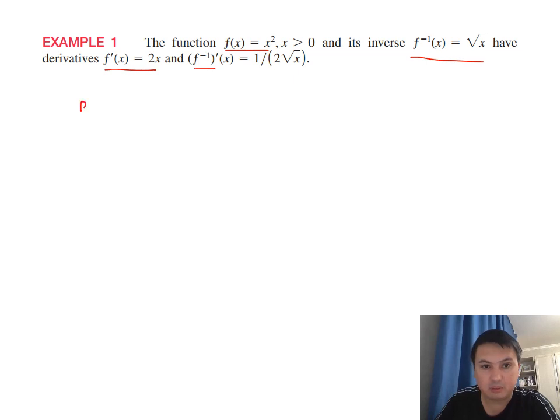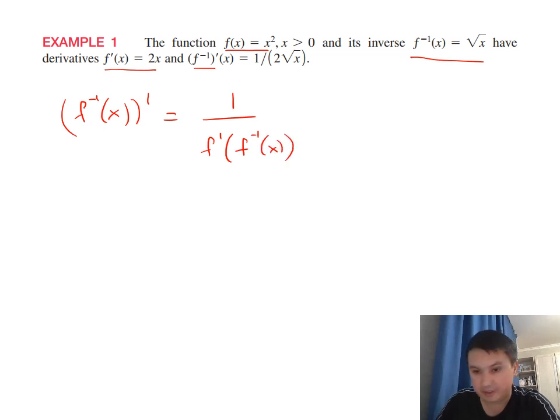Well, what was the formula? The derivative of the inverse is 1 over f prime of f inverse of x. Well, we know f prime of x is 2x.